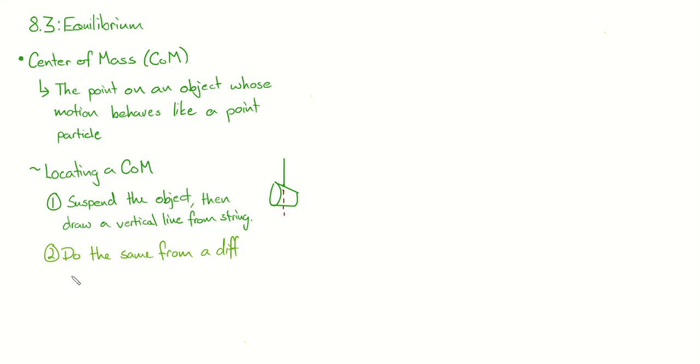I think I changed the green color there, so I'm going to try to see which one I had. Must be that one. That's close enough. Okay, so if we hang this same cup again, let's say we hang it from a different angle this time. Let's say it's tilting this way this time.